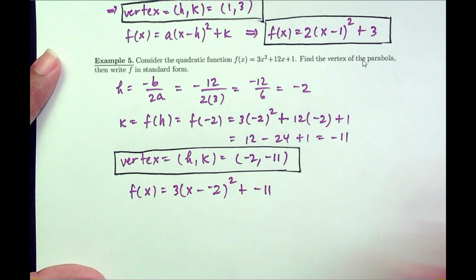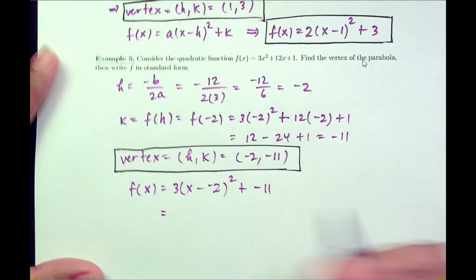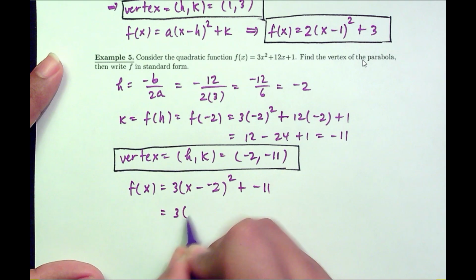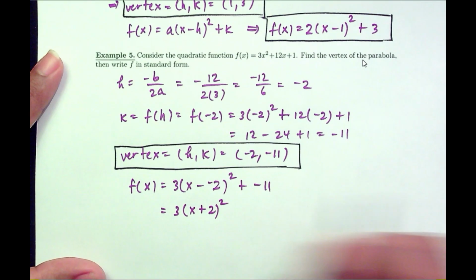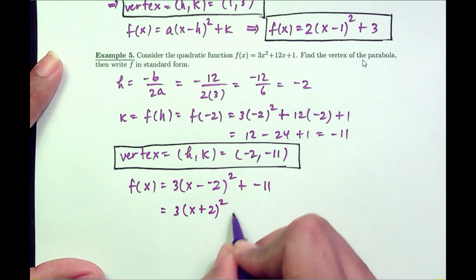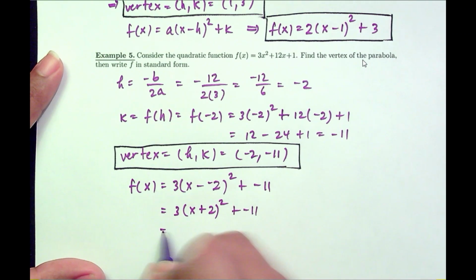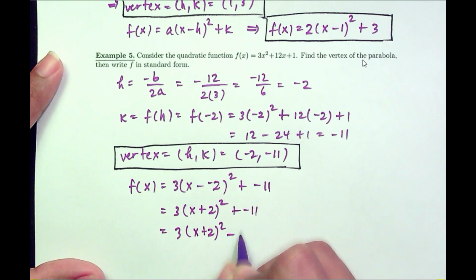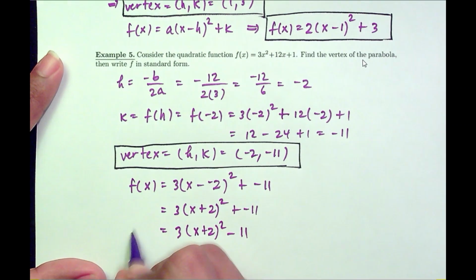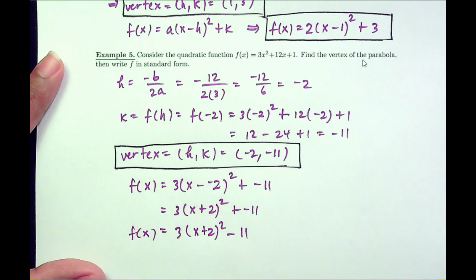And now you simplify this a little bit. You can say this is 3. Negative and negative gives you positive, so plus 2 squared. And then you can just leave this as plus negative 11, or if you prefer, you can write that as minus 11. Both are correct. So that's the answer.